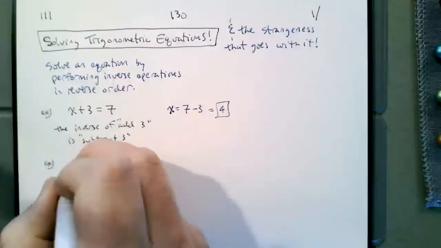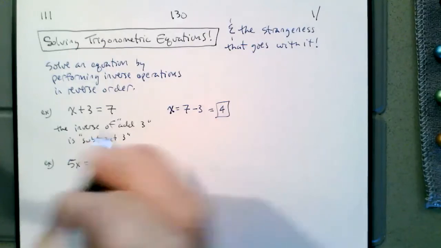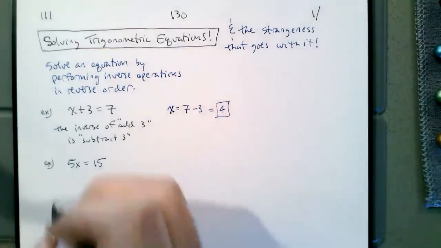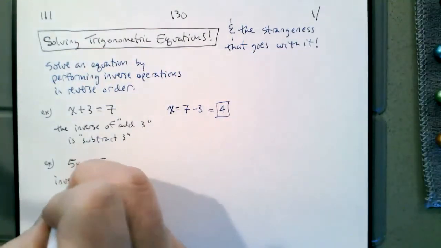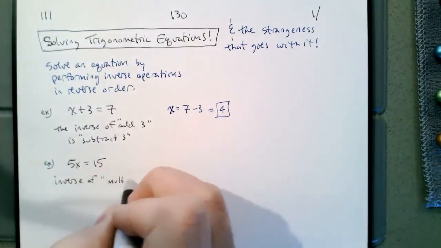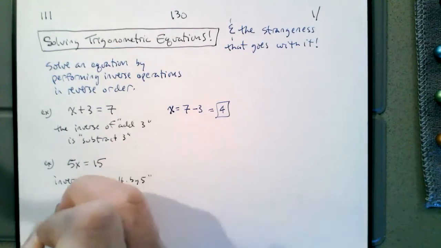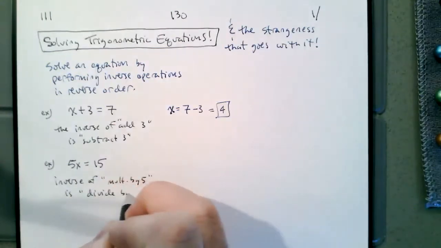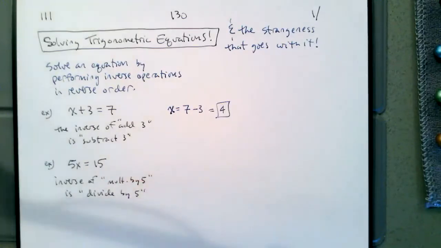So if I have 5x is equal to 15, the inverse of multiply by 5 is divide by 5. The inverse of multiplying by 5 is dividing by 5.